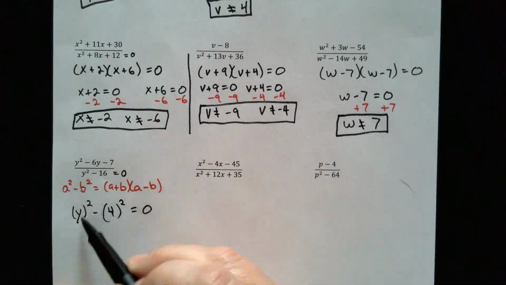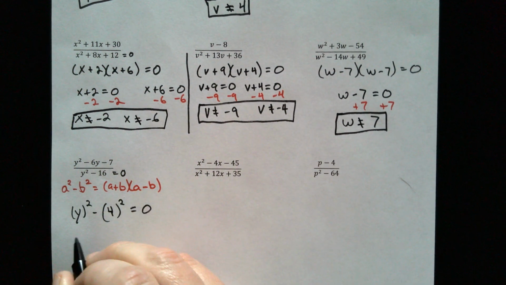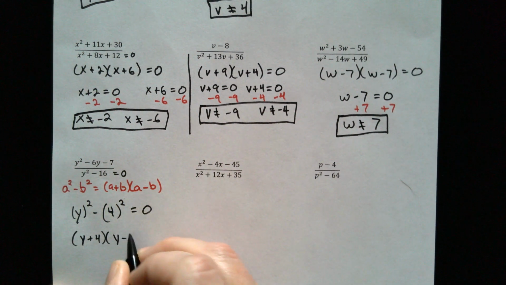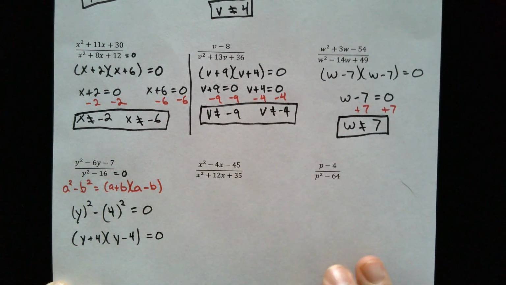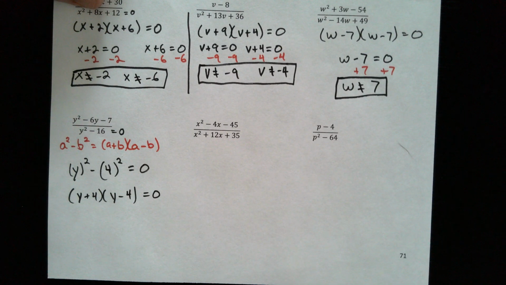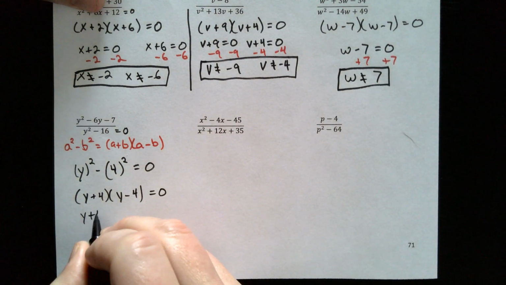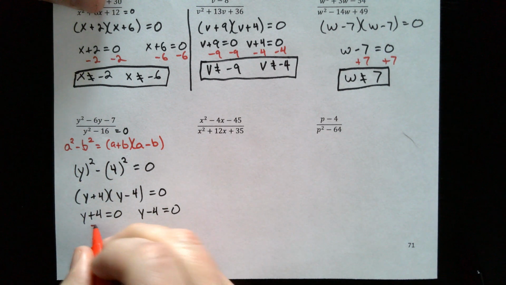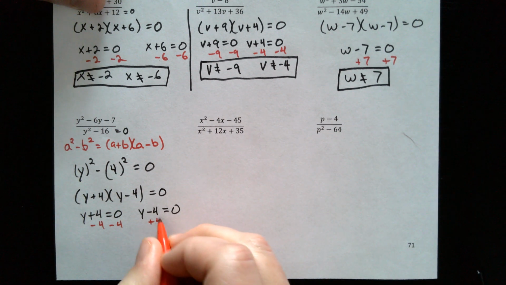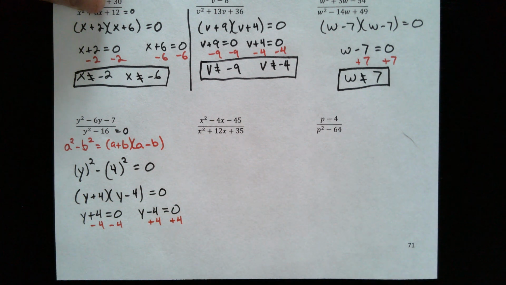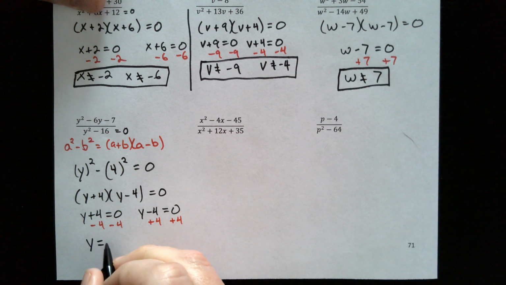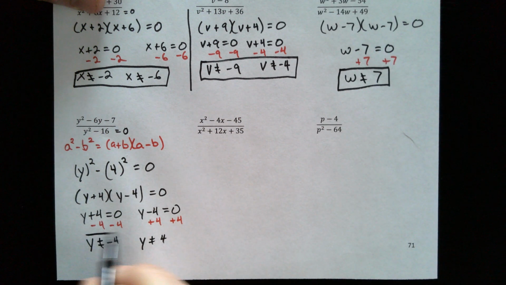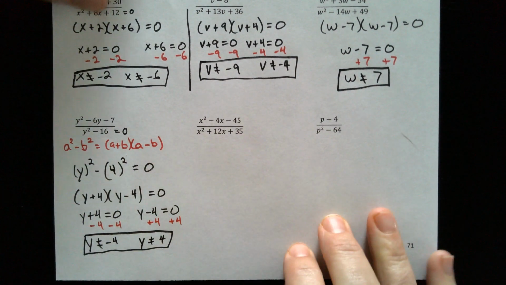This is the first term, so this is a, and this is b, and we just put them in here. So it'll be y plus 4 and y minus 4 equals 0. Okay, which means we can set each one of those equal to 0 separately. y plus 4 equals 0, y minus 4 equals 0, and if we subtract 4 here and add 4 here, that will give us our solutions of y is equal to negative 4 and y is equal to positive 4, and we'll say those are the values we throw out because they will make the denominator turn into 0.